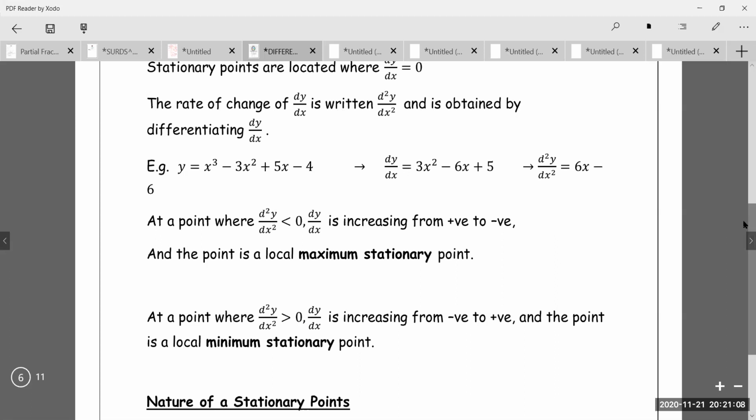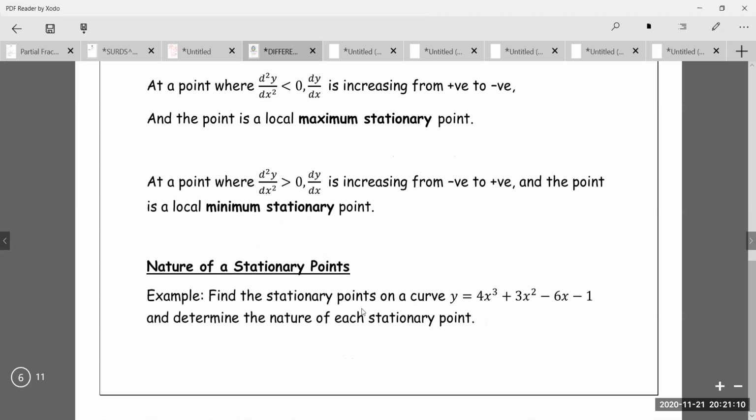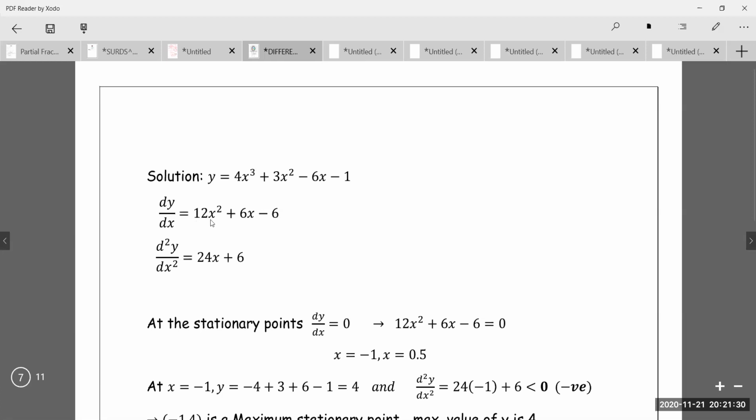Here's an example. Find the stationary points of y equals 4x cubed plus 3x squared minus 6x minus 1, and determine the nature of each stationary point. To find dy by dx, we get 12x squared plus 6x minus 6.